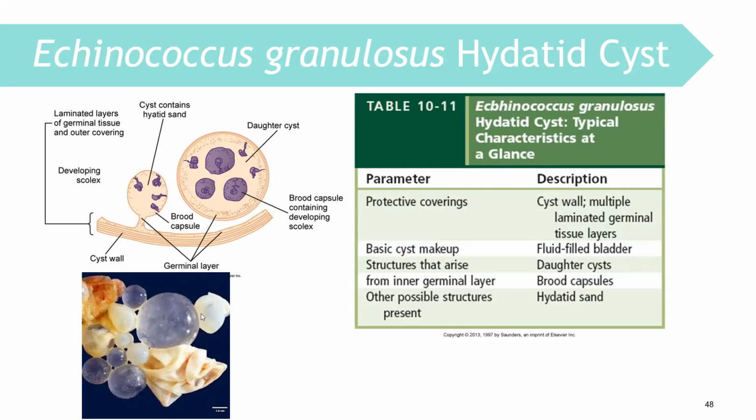Thus, the egg of Taenia solium and the egg of Taenia saginata are indistinguishable from the egg of Echinococcus granulosus. It is often hard to see the egg, but commonly the cyst caused by the Echinococcus granulosus.